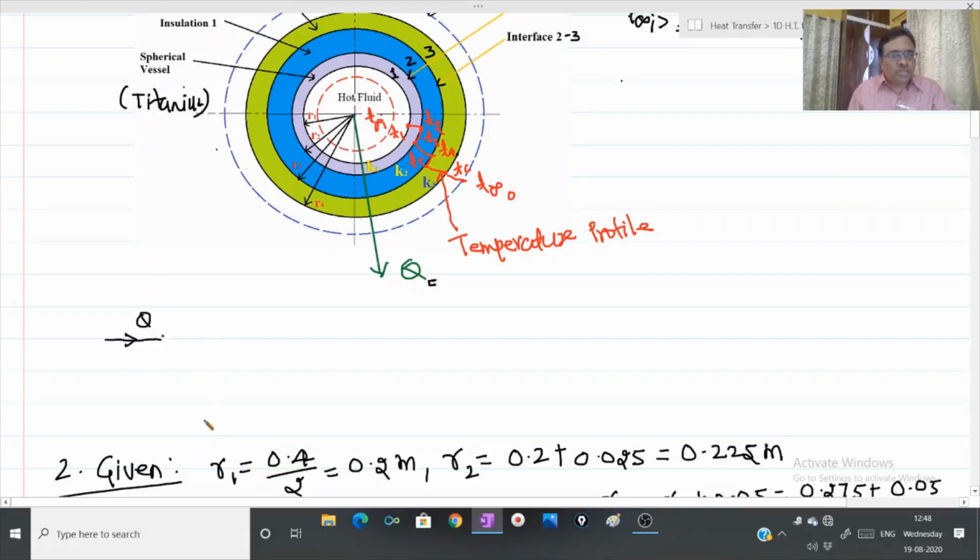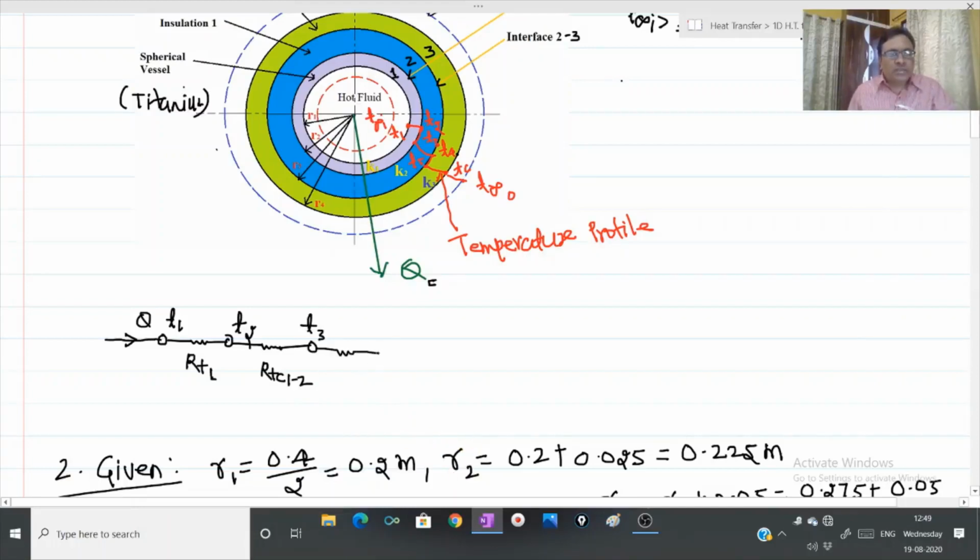So first thermal resistance will be offered between temperature T1 and T2 by spherical vessel, a conductive thermal resistance represented by RT1. The second thermal resistance is offered at the interface and it is a contact thermal resistance RTC12, which will cause temperature drop from T2 to T3.